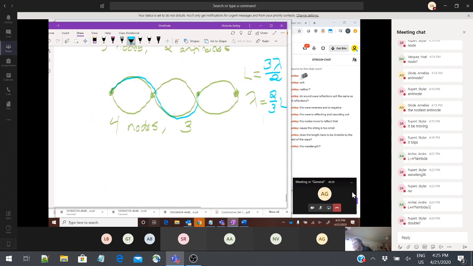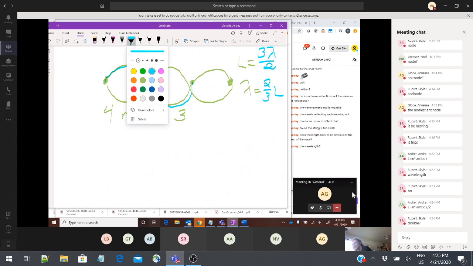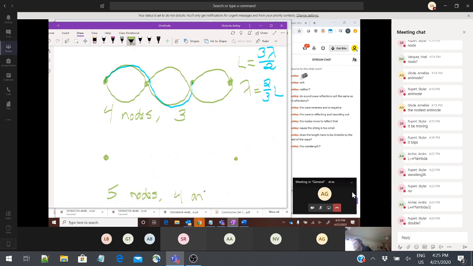Let me keep going. I'm going to do a couple more so you can see the pattern. I have 5 nodes, 4 antinodes. 1, 2, 3, 4, 5.